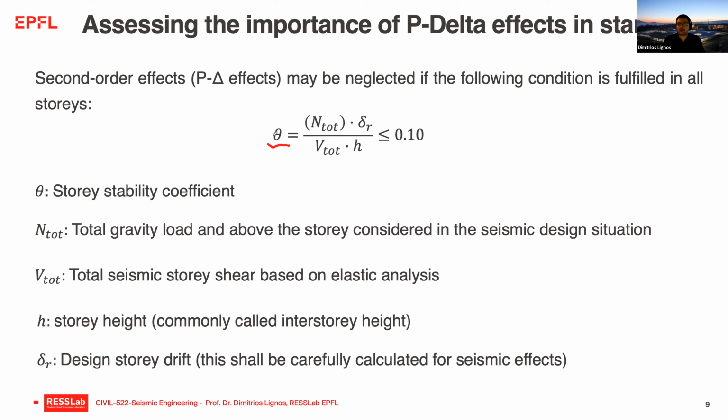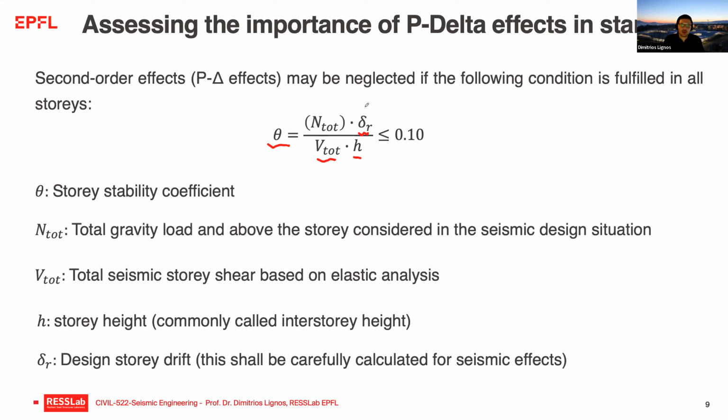In this case, theta, which is called the story stability coefficient, is computed as N total, the total gravity load above the story considered in the seismic design situation, times delta R, the design story drift, which shall be carefully calculated for seismic effects, divided by V total, the total seismic story shear force based on elastic analysis, times your corresponding story height, which is commonly called interstory height.